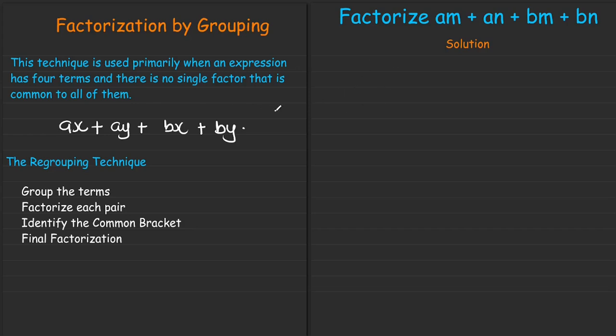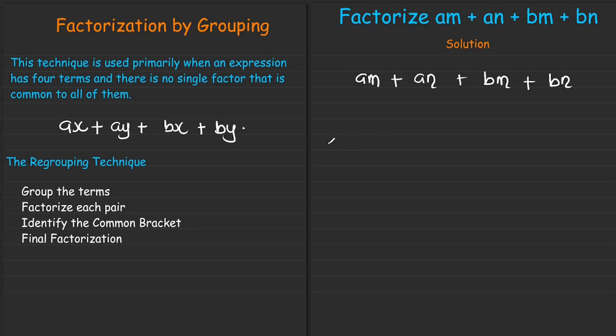In this first example, we'll follow the steps to see how best we can do our factorization. We have am plus an plus bm plus bn. As you realize, there is no common term for all these terms.